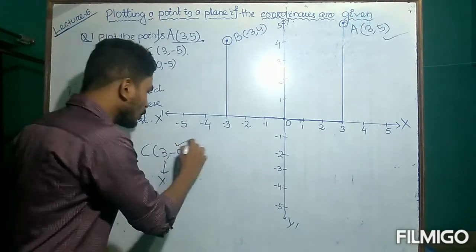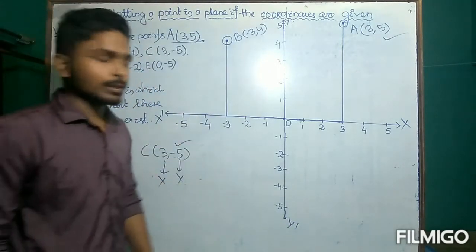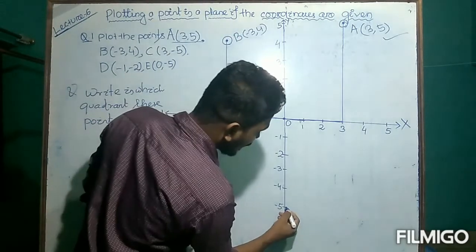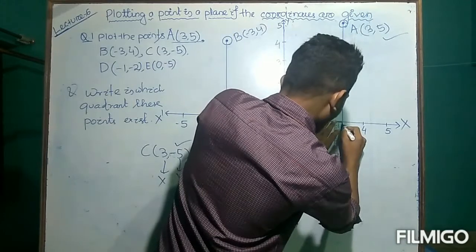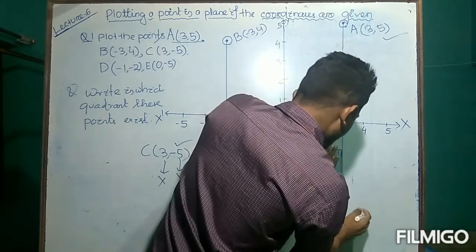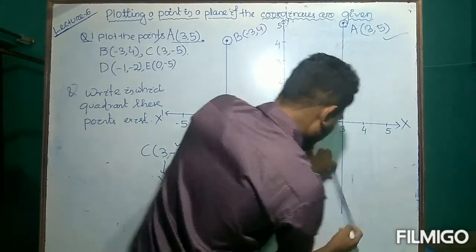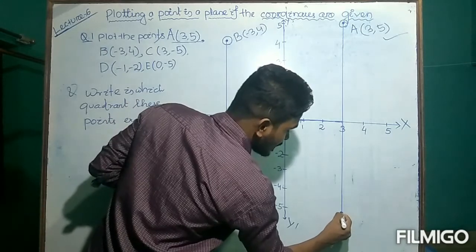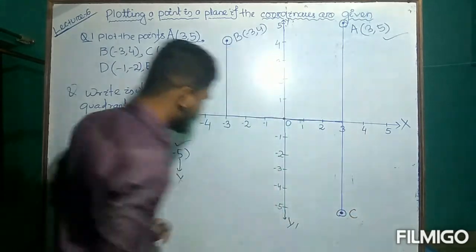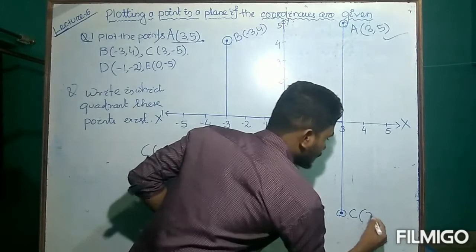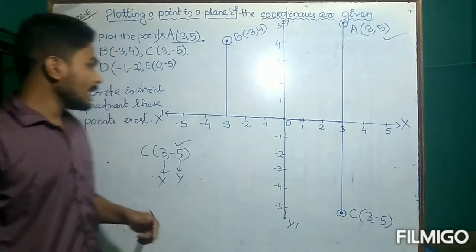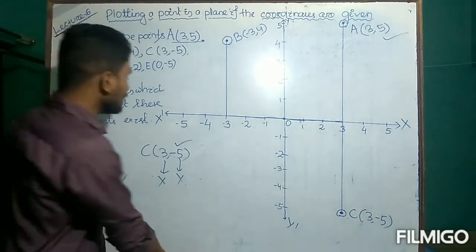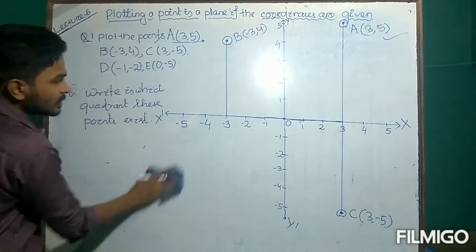You have to move up to 5 units in the negative direction. So here is the -5. You move towards the negative direction, or you can say the downward movement. Now you reach this point, and this point is denoted by C (3, -5). Clear?